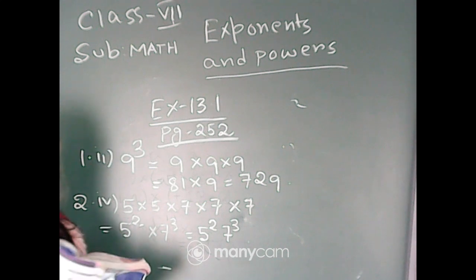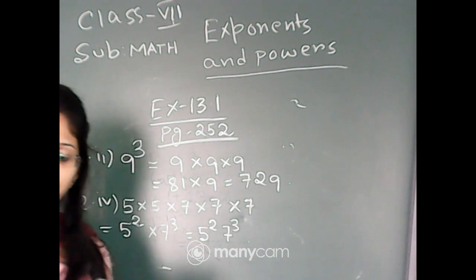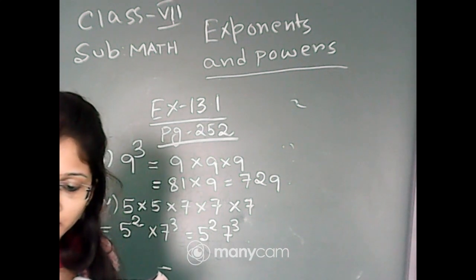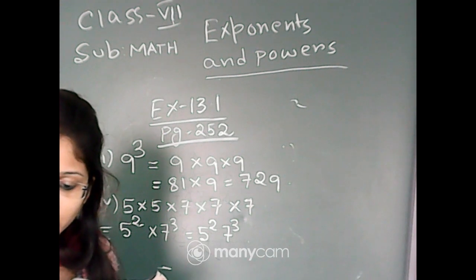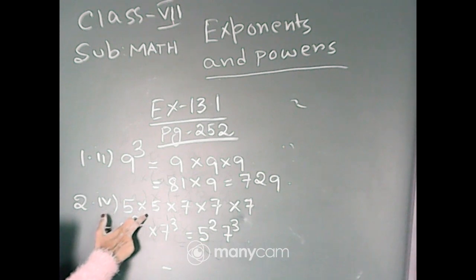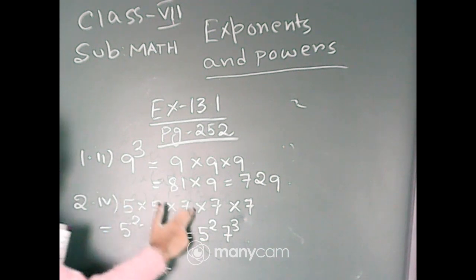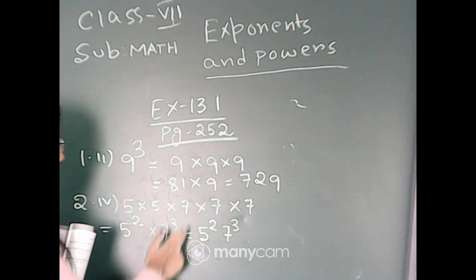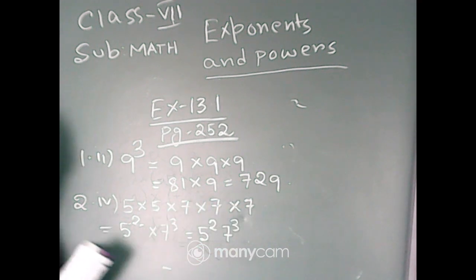Clear? If you have any doubt, then you can ask me. Here 5 is 2 times, so the power of 5 will be 2, and here 7 is 3 times, so the power of 7 will be 3.